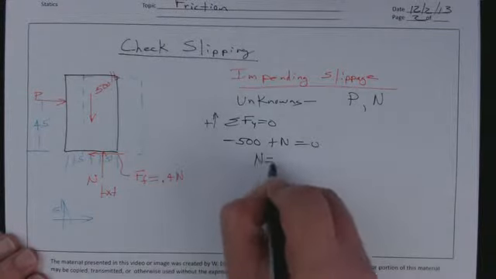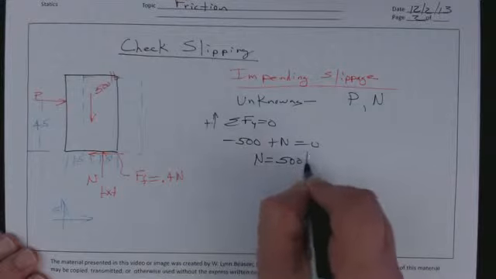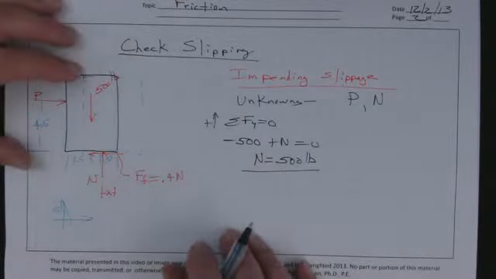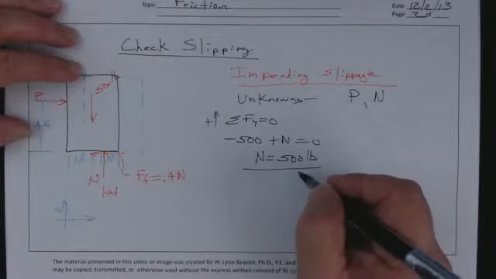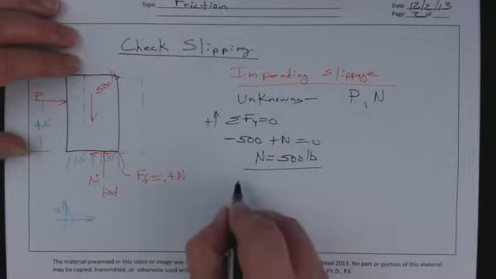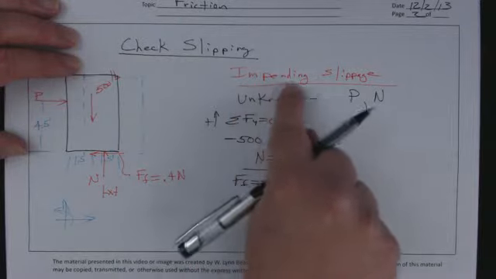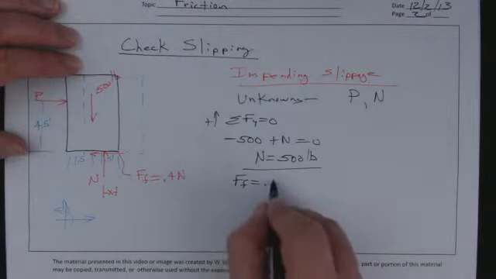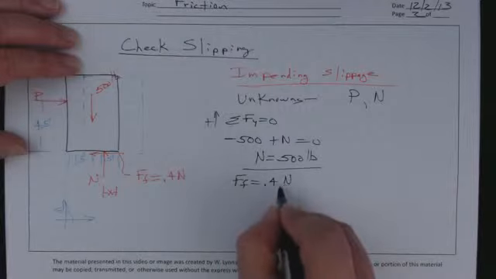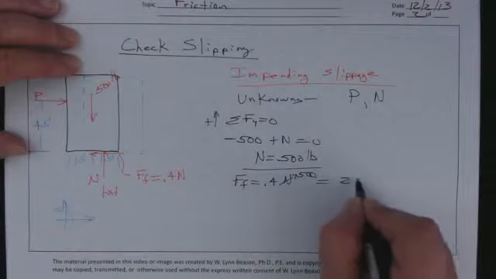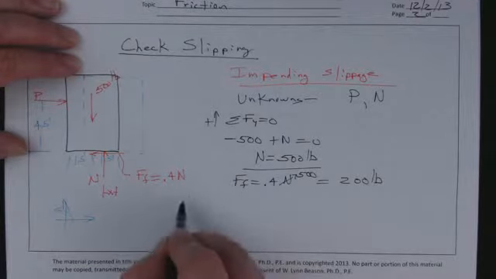So then I can figure out that the normal force is equal to 500 pounds. And once I know that the normal force is equal to 500 pounds, I can then say that the friction force at impending slippage is equal to 0.4 times the normal force, which we said is 500. So then that becomes 200 pounds.